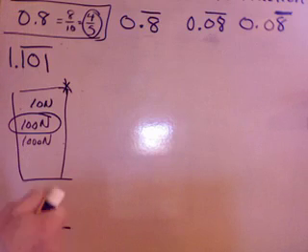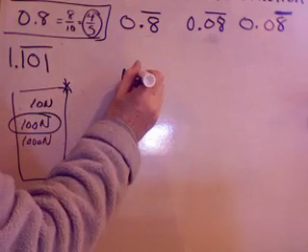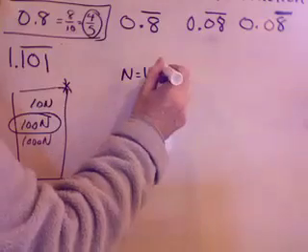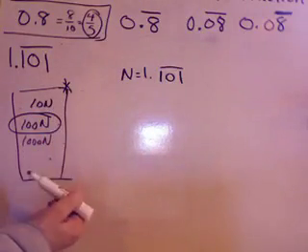Okay, let's do one more of these. How about this one? n equals 1.101 repeating. 3 numbers repeat. Do I use 10n, 100n, 1,000n?